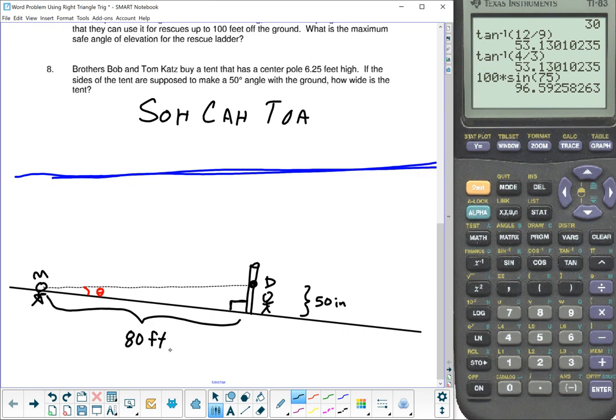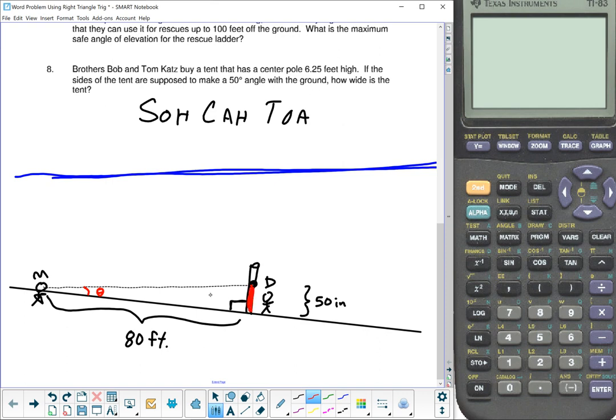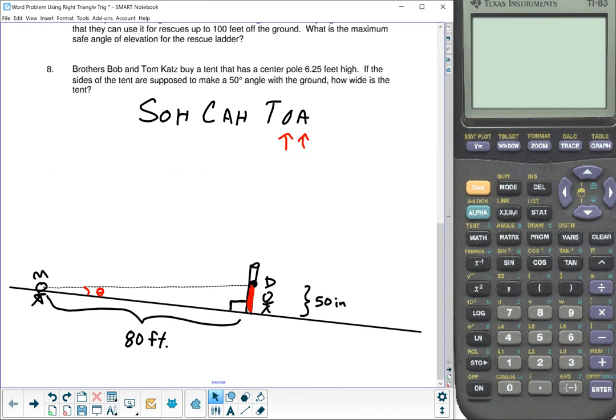Pretty much straightforward. With the angle, we have the side opposite the angle, and we have the side adjacent to the angle. So we really need just opposite and adjacent, which is the tangent. Okay, erase the horizon.